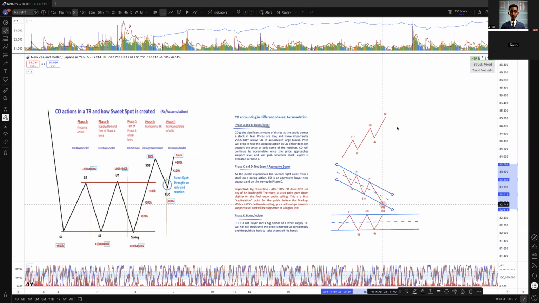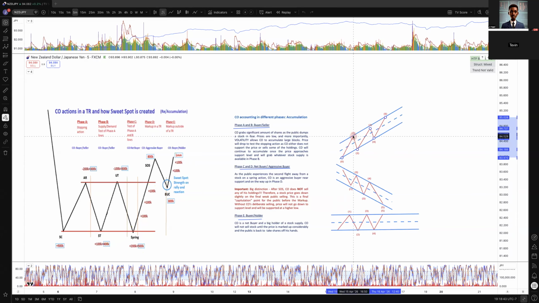And we can talk about the slope of these trend channels that I'm drawing. This one is an upward sloping trend channel. The trend channel is the blue that I just drew. The uptrend is the red line that I just drew. So an uptrend will have an upward slope.